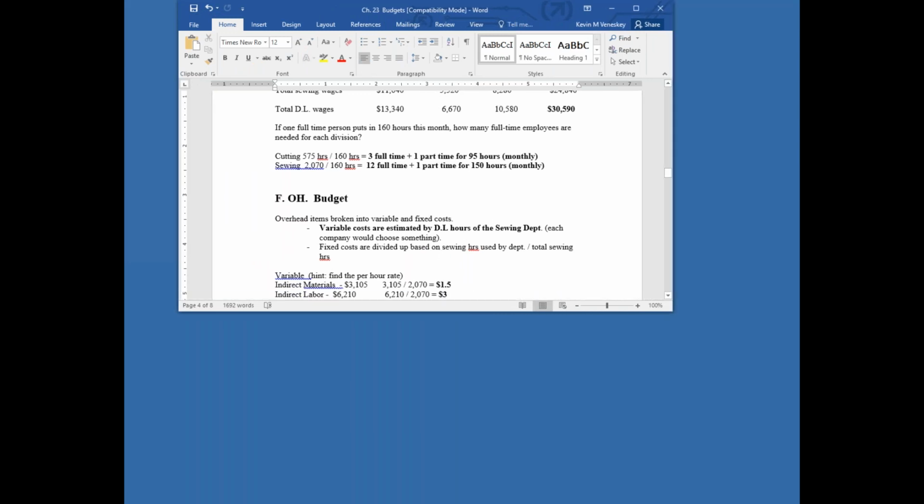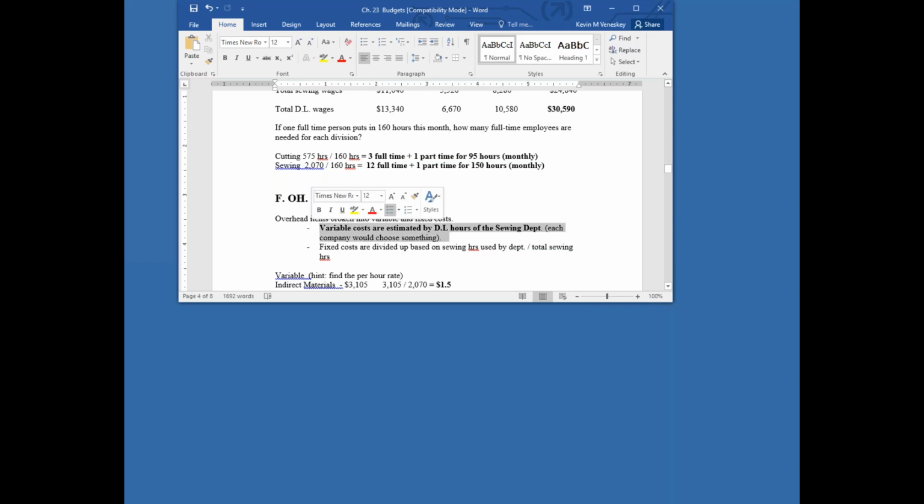Any factory overhead, variable or fixed, has got to be distributed based on something. We're going to do it an easy way: everything is distributed based on how many sewing hours you use for an individual product.